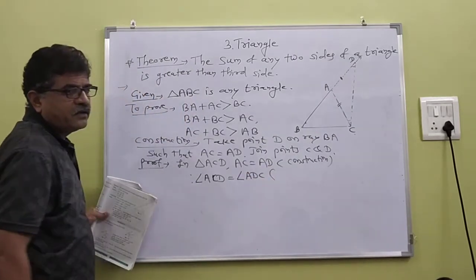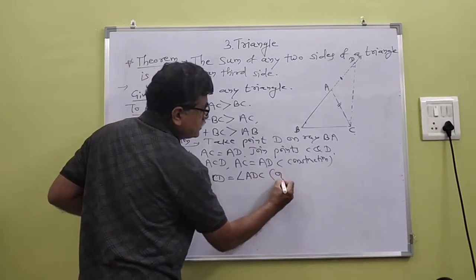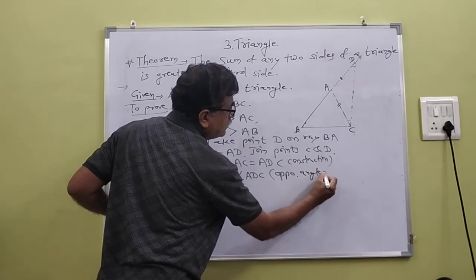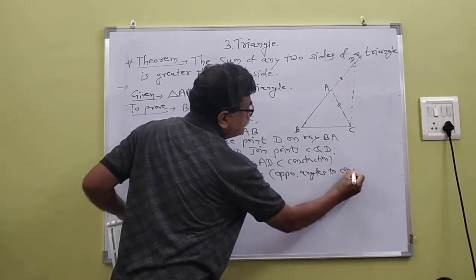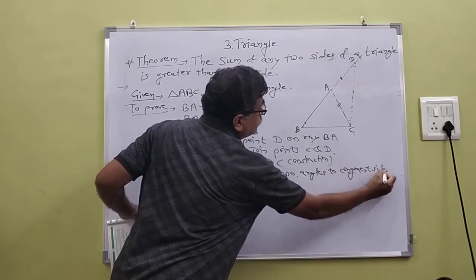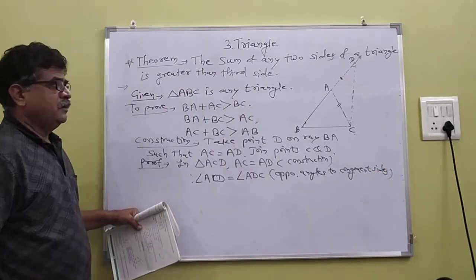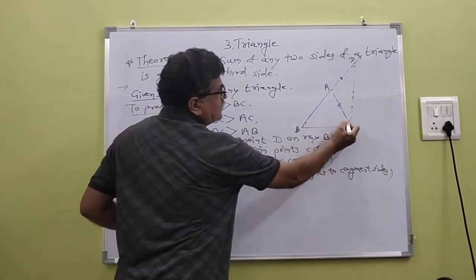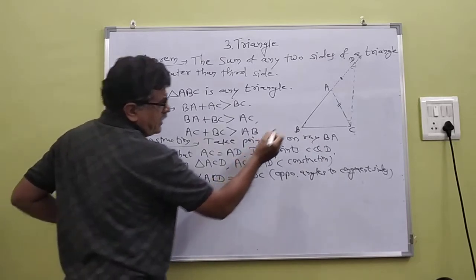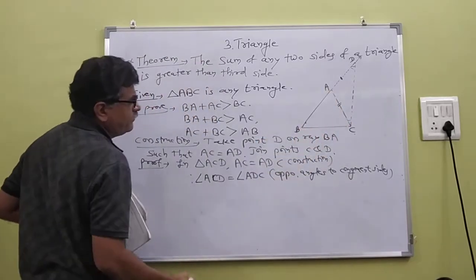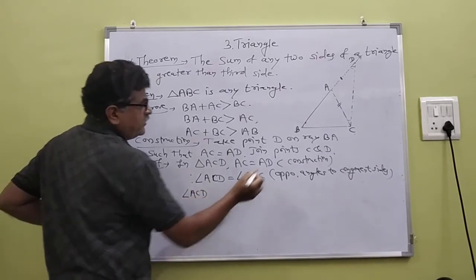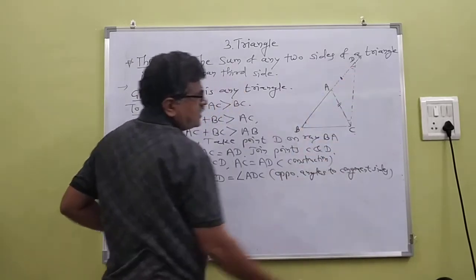Write down in bracket, opposite angles to congruent sides. Now these two angles are congruent. Now in the left hand side add angle ACB.